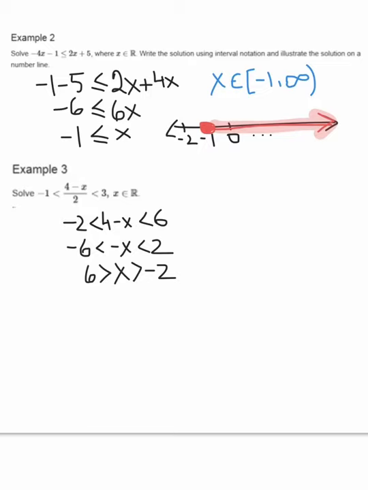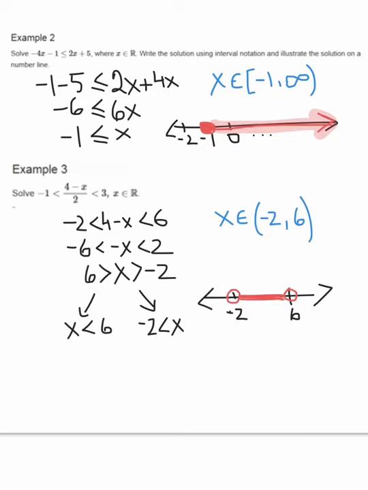Because we have a double inequality, you can actually split this up into two inequalities. The first would be x < 6, and the second would be -2 < x. So we can write it as -2 < x < 6. That's your final answer, and that would be the intersection of those two solutions. In interval notation it would be x is an element of (-2, 6). And the number line would look like this. Okay.